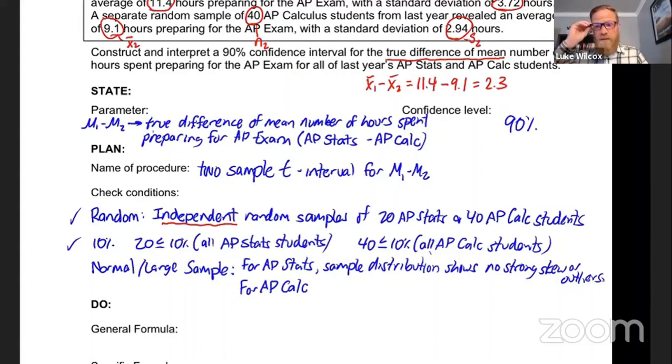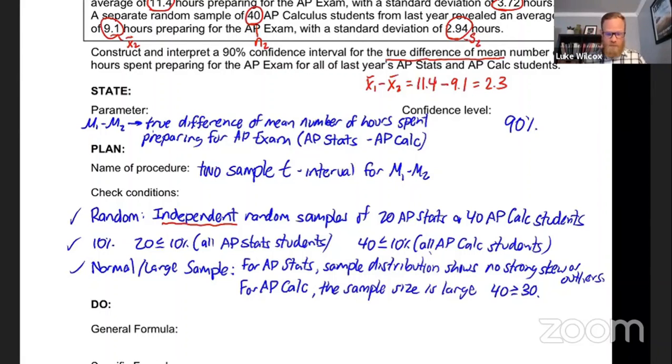So this is a large enough sample that we'd be comfortable to say the sampling distribution is approximately normal for the sample means for the AP Calculus students. So we're just going to say here that the sample size is large. And to make that very clear, by large, we mean that it is greater than or equal to 30. So our normal large sample condition is satisfied, and we can say the sampling distribution of the difference in sample means is approximately normal.